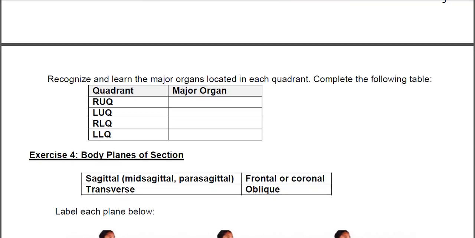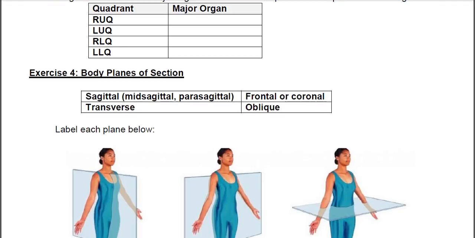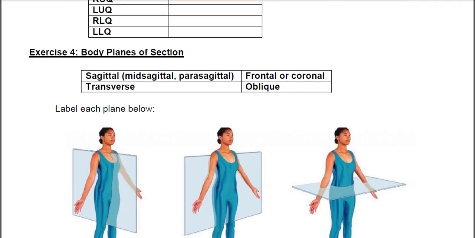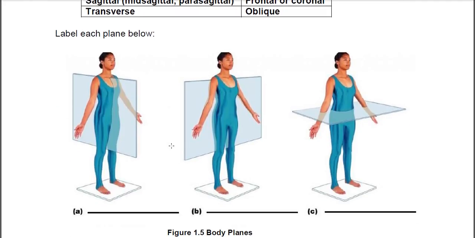Next, we have planes, or sections. So this is referring to ways that we can cut something. And so you can imagine if we took a patient or a model, or we use the same terms if we're talking about specimens or organs or slides, or anything like that. We can take it and we can cut it along the midline.